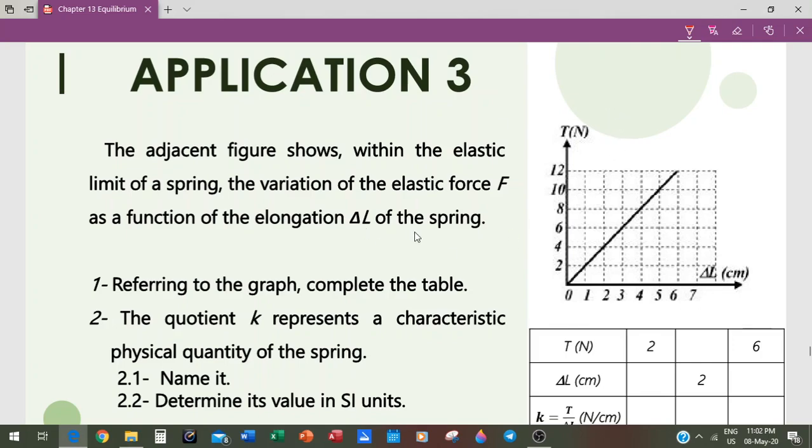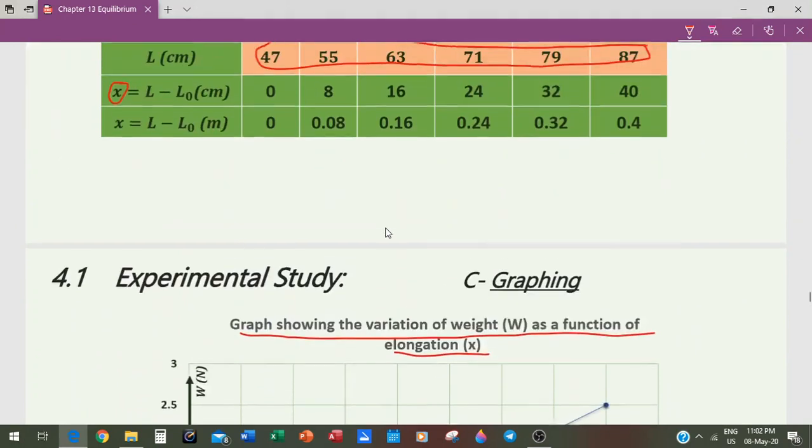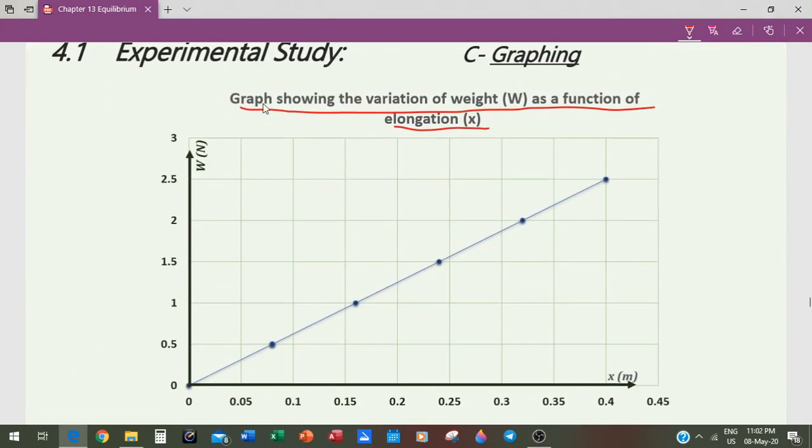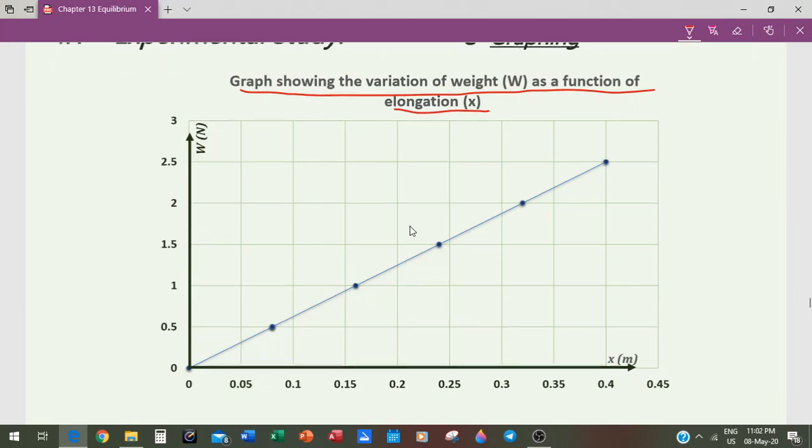If you can't say a graph showing the variation of weight as a function of elongation, you may write the title here as the calibration of the spring. Or if we have tension here, we say the graph showing the variation of tension as a function of elongation.